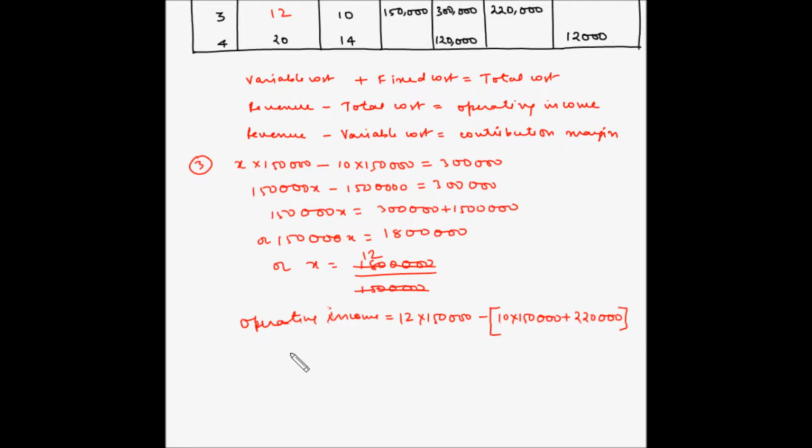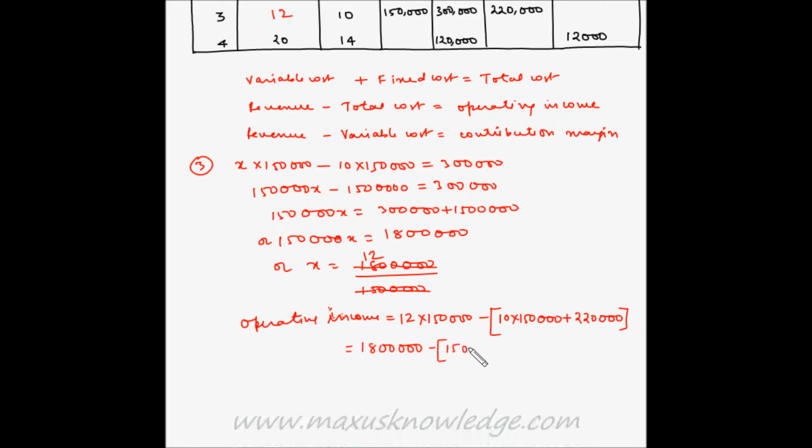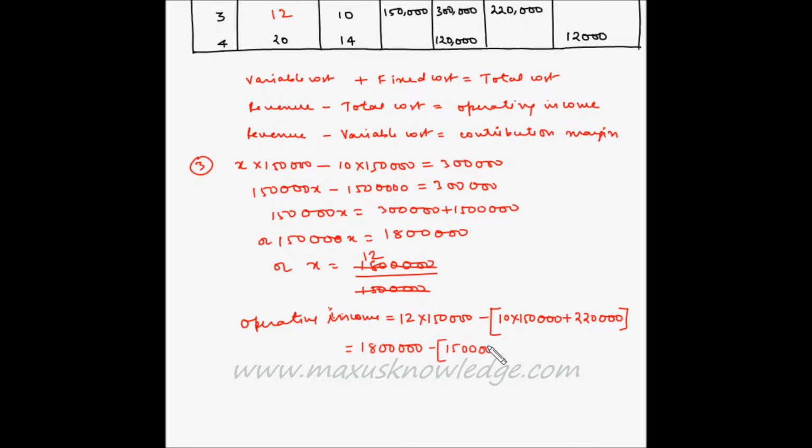So this is equal to 1,800,000 minus 1,500,000 plus 220,000.